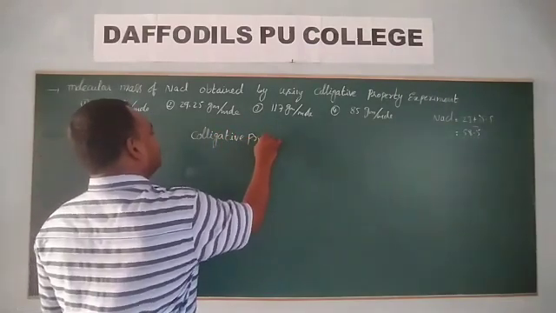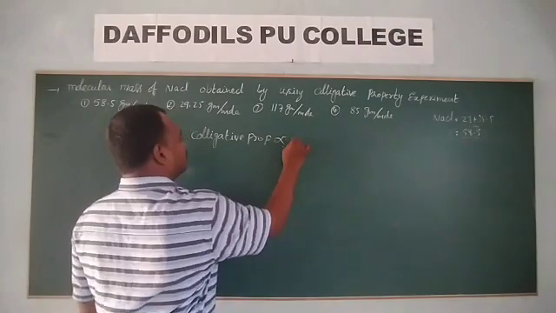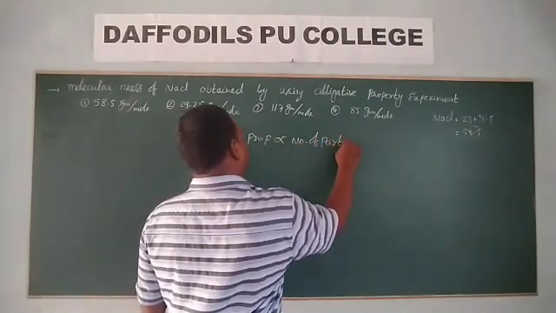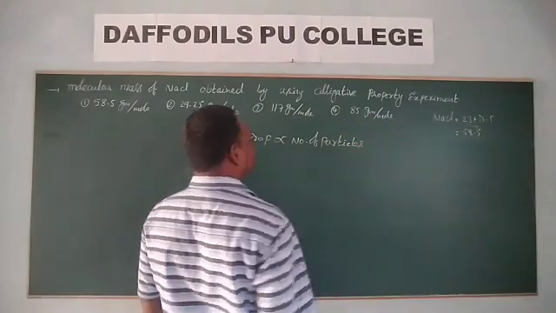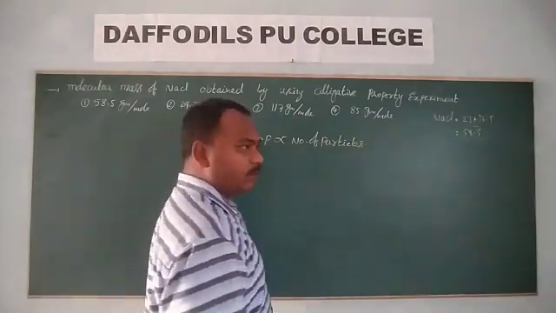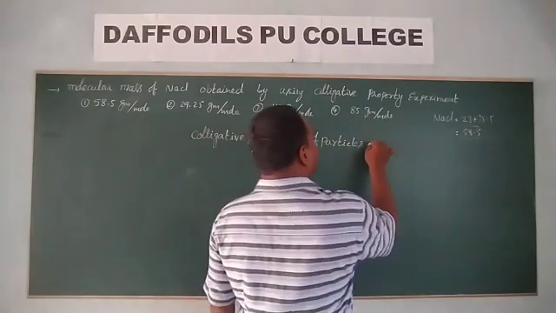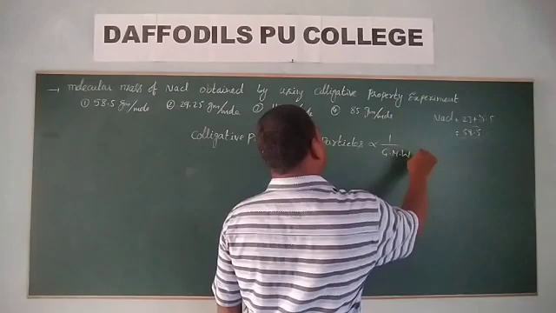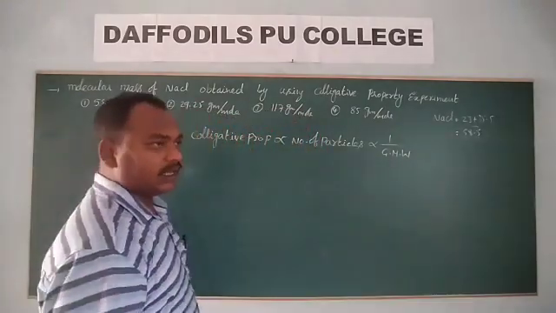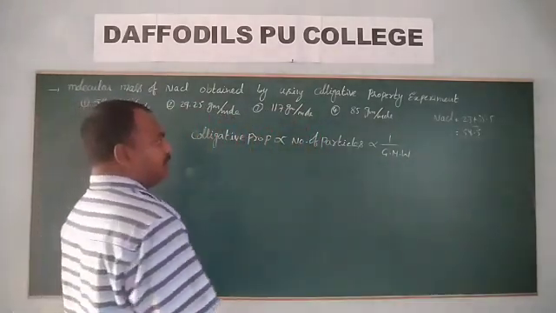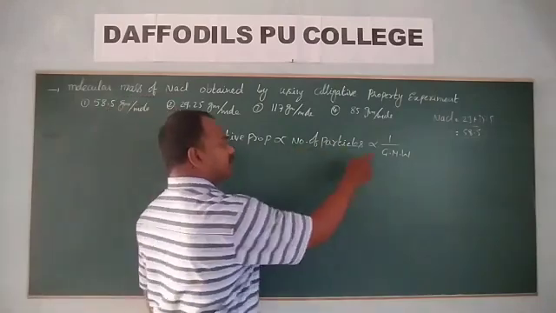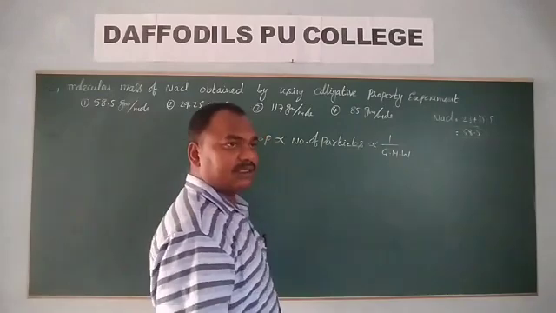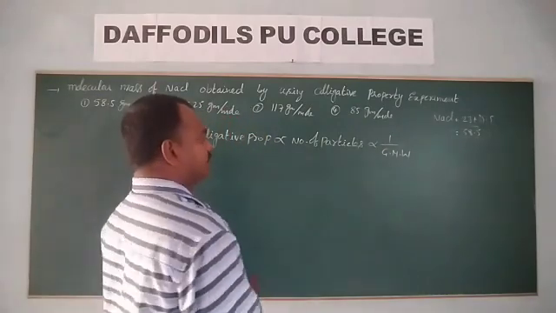Colligative properties are directly proportional to the number of particles, and inversely proportional to gram molar mass, the gram molecular weight. As the number of particles increases, gram molecular weight decreases.